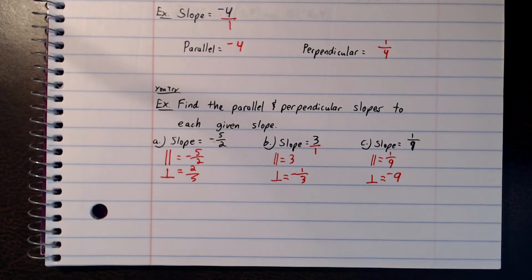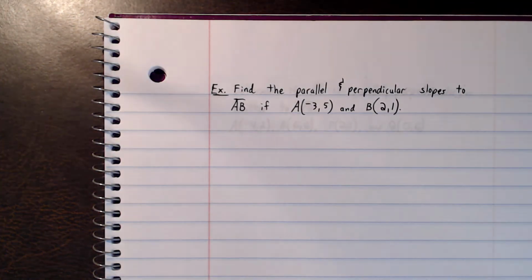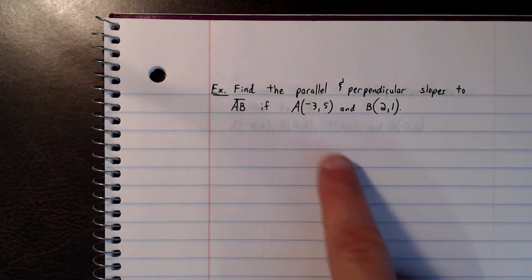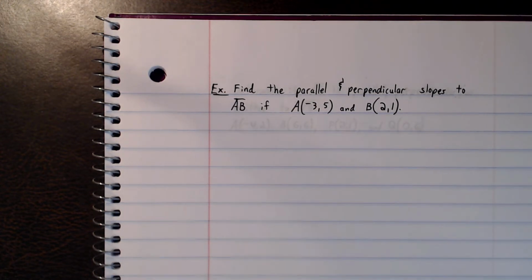Alright, let's check out some other problems that we can do with coordinate geometry. Some real basic parallel perpendicular coordinate geometry anyways. We want to find the parallel and perpendicular slopes to AB if we're given some particular coordinates.